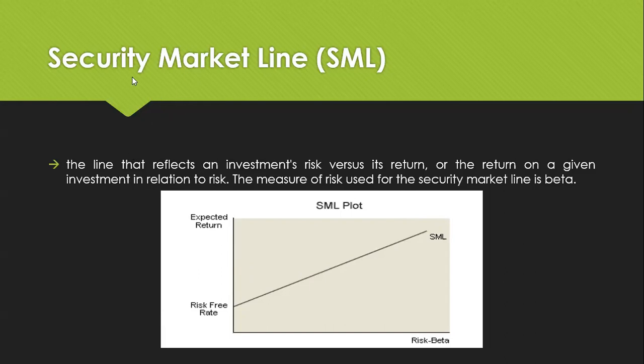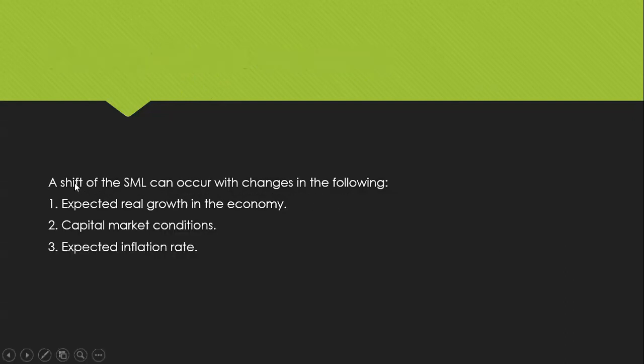Again, the SML is the line that reflects an investment's risk versus its return, and the measure of risk used is beta. A change in the SML can occur with changes in the expected real growth in the economy, capital market conditions, and the expected inflation rate.